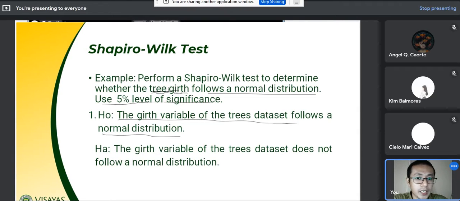What is the level of significance used in this example, or the alpha value? 5%. Okay, so that's 5%. To note, class, the null hypothesis is given by the symbol H0, and your alternative hypothesis is given by the symbol HA.